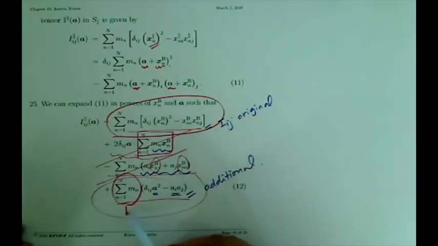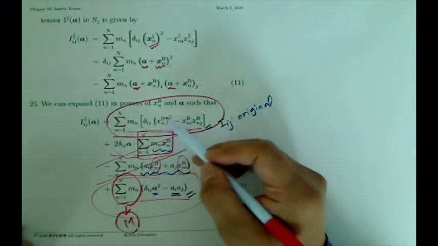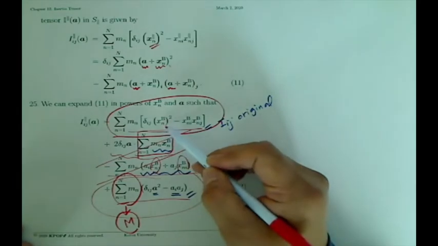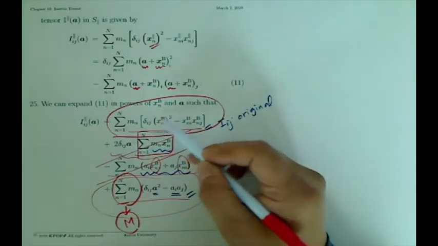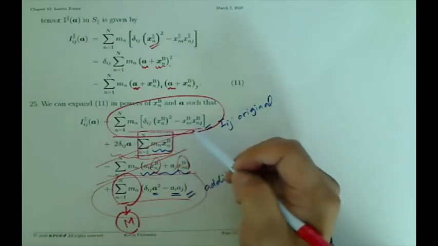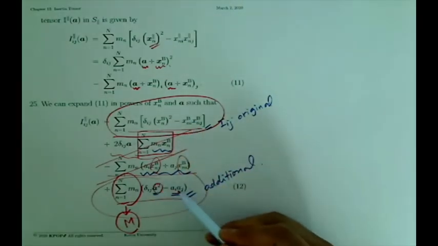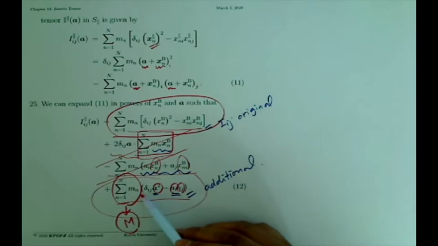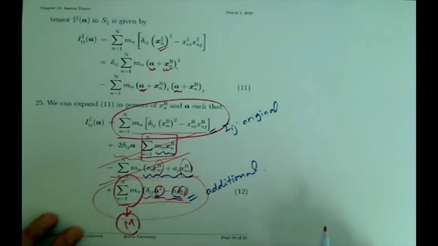This summation over particles is just the total mass M, and we do not have to have a weighted average. The variation depending on the particle appears only in the original definition, and A is independent of each particle, so this is a constant tensor.